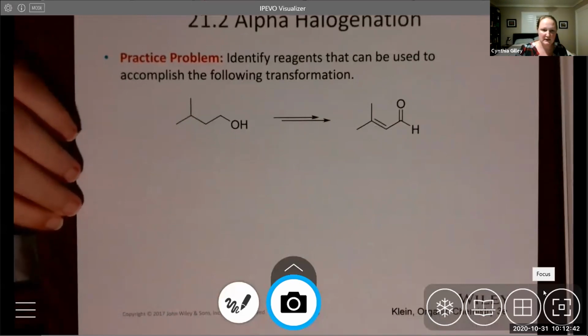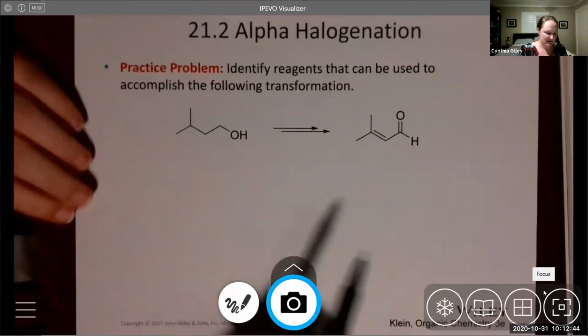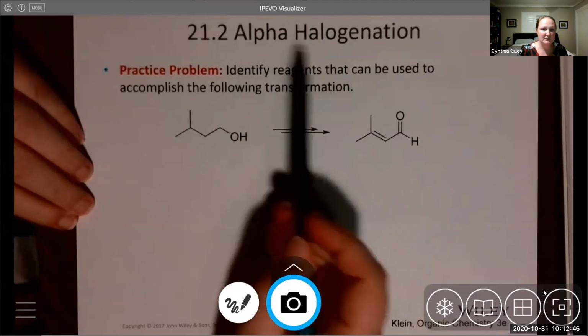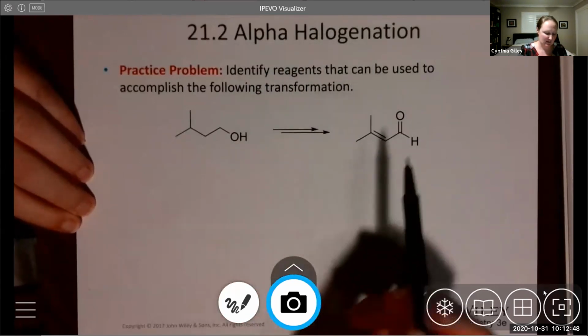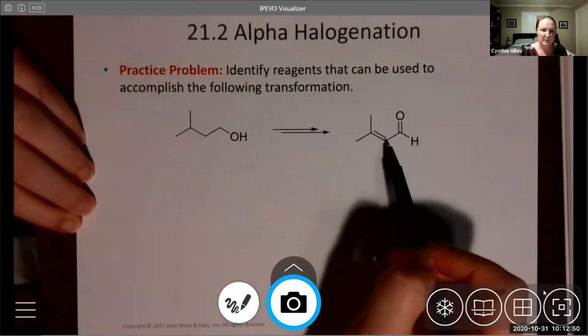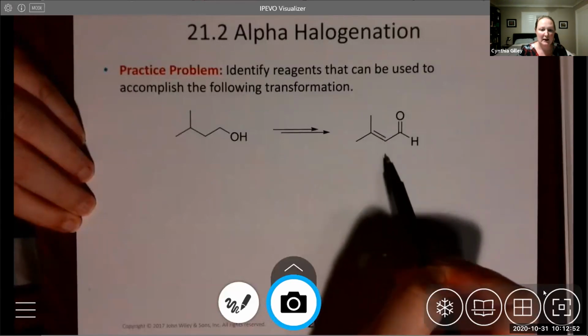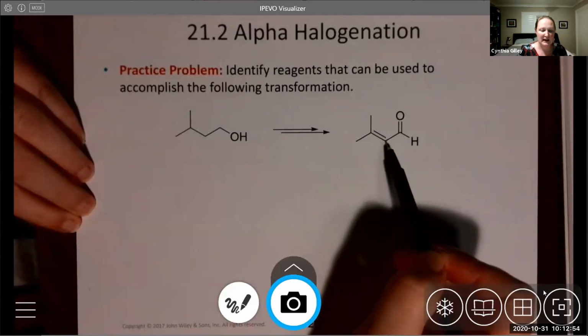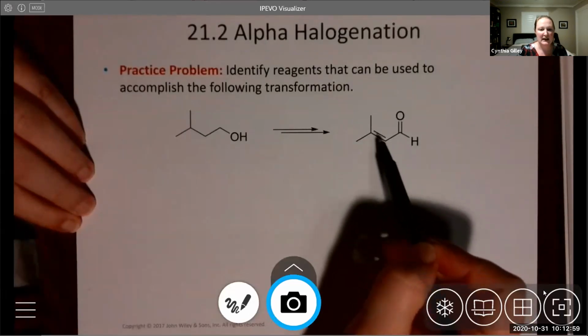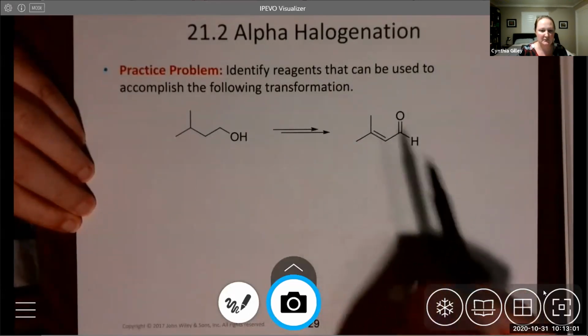Okay, so recall that we have been talking about alpha halogenation. And if we have a carbonyl, we'll be able to halogenate on this alpha carbon and then form a pi bond through an E2 elimination reaction.